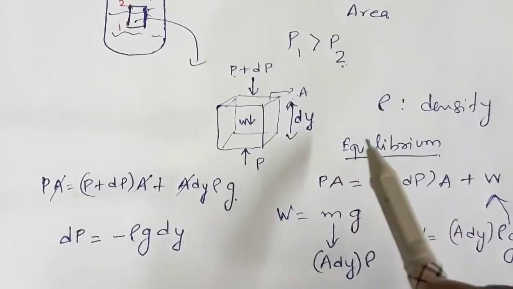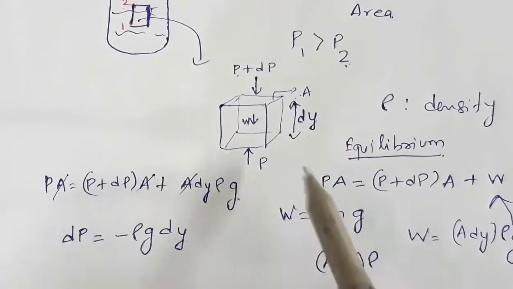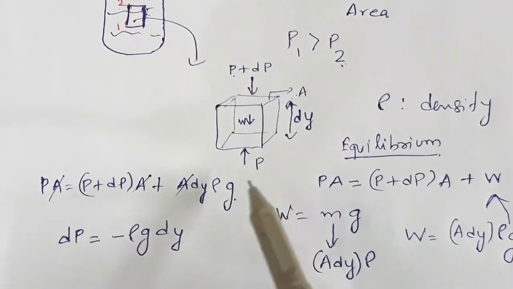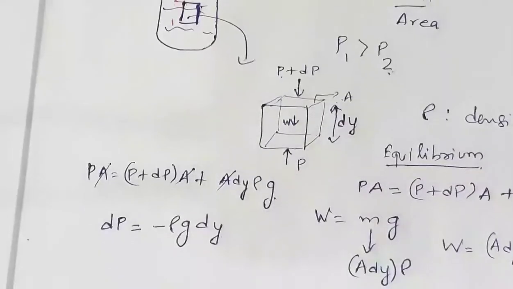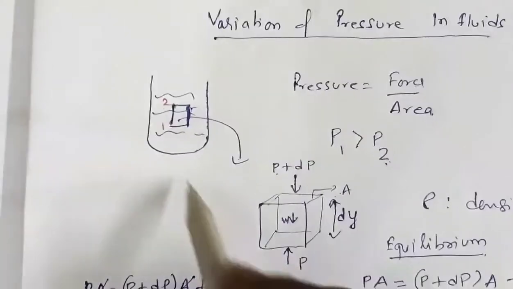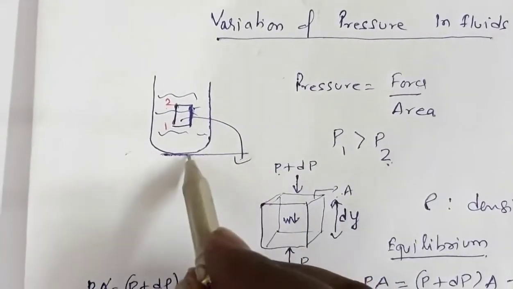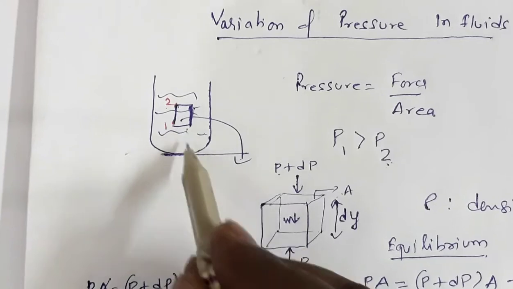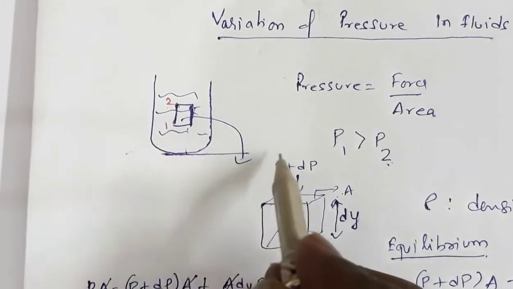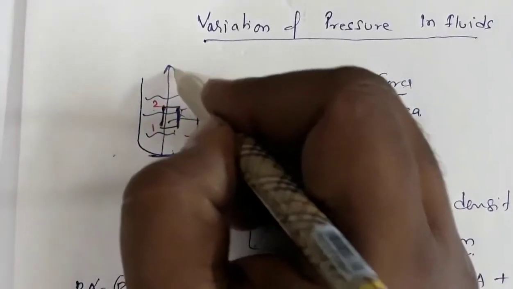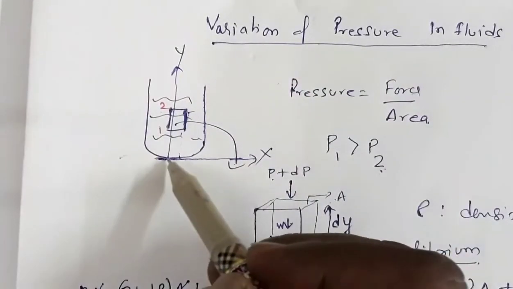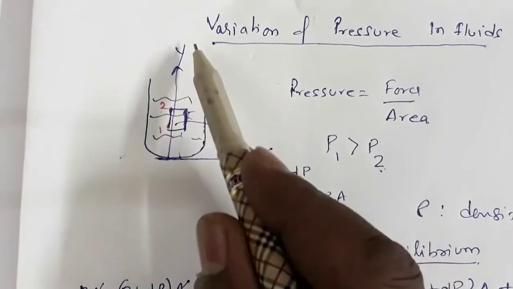Now if height is measured from the bottommost part, so if this is the x-axis and this is your y-axis, as you move along this part, the value of y increases.